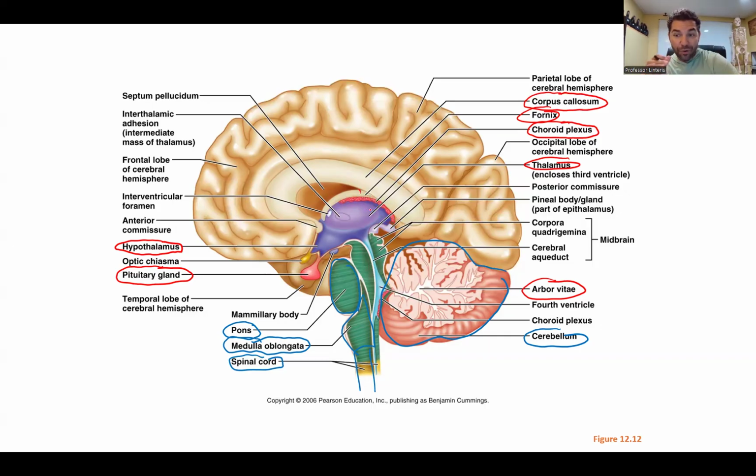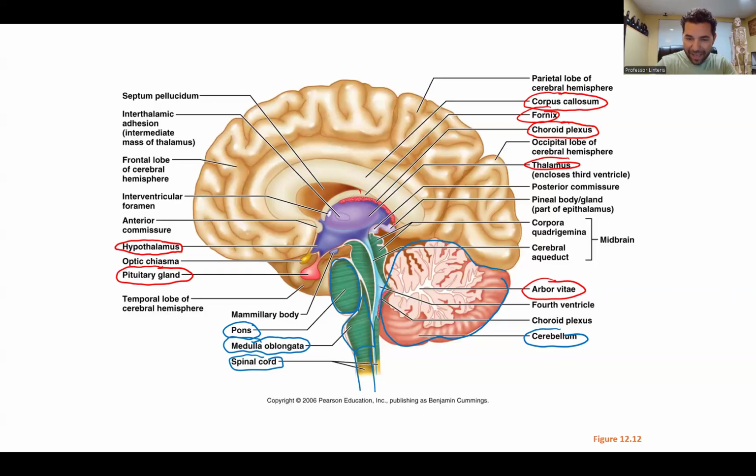But the choroid plexus produces the fluid that we've discussed before called cerebrospinal fluid. It is made of ependymal cells. It's very important. We'll talk about this a little bit in a couple slides. But that choroid plexus is sitting in structures called the ventricles that we will take a look at shortly.